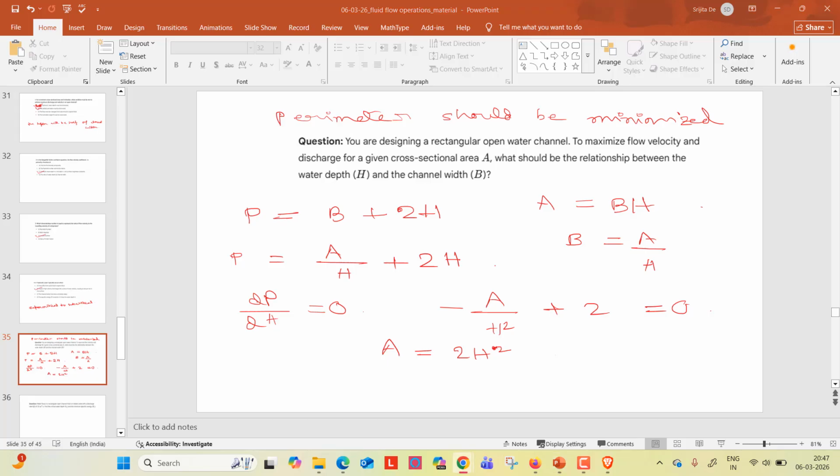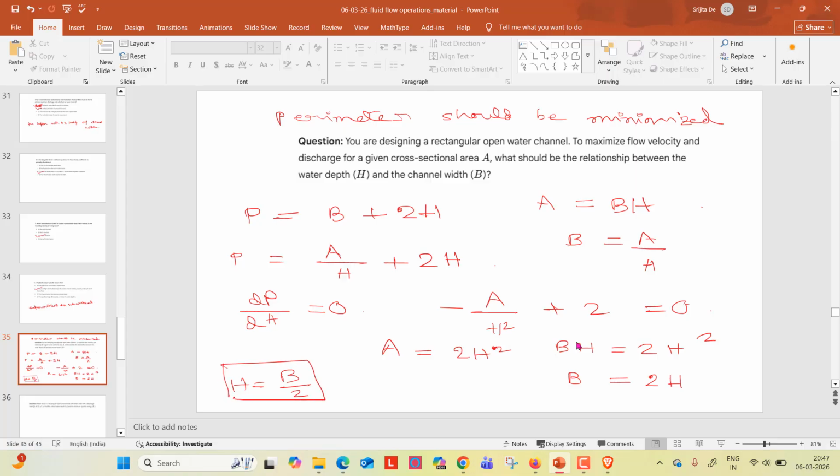So now we know A equals BH. So BH will be 2H square. So B will be 2H, or H will be, like, depth will be 1/2 of the width. Okay, so this is the relation.